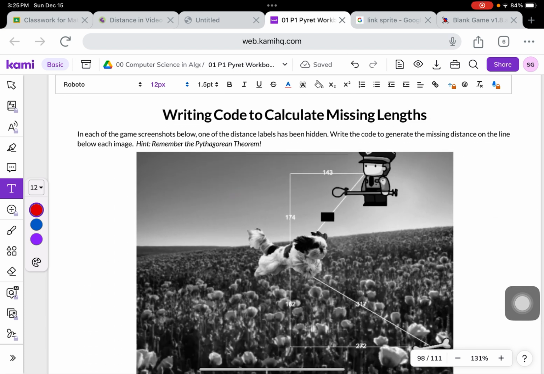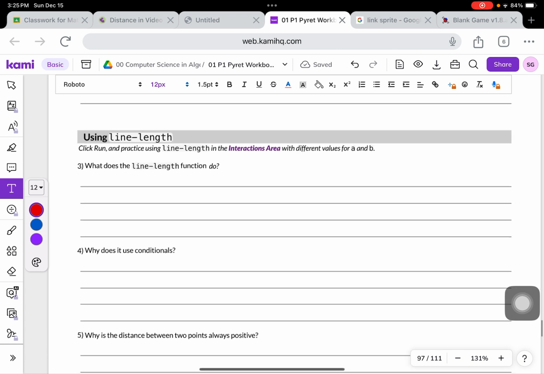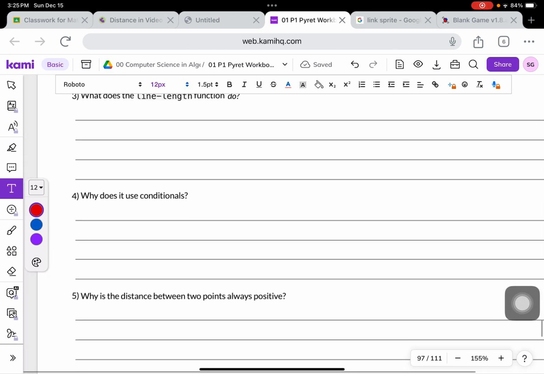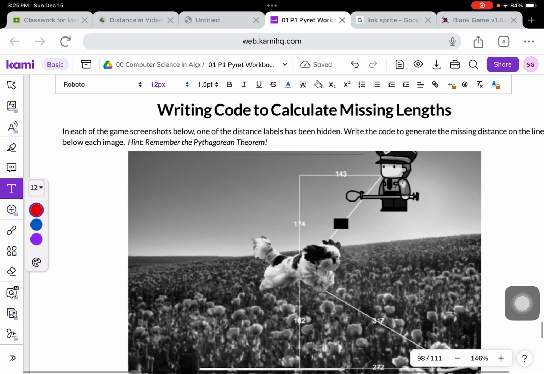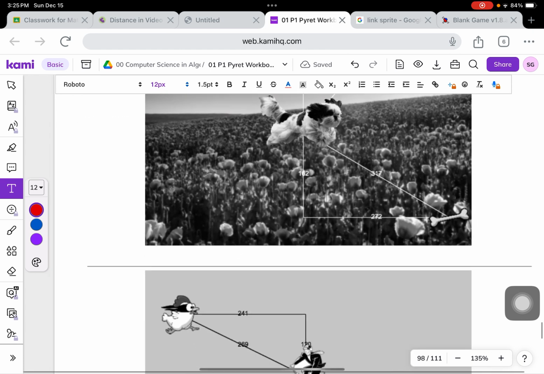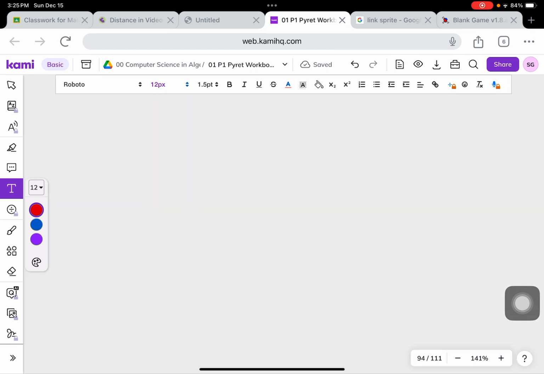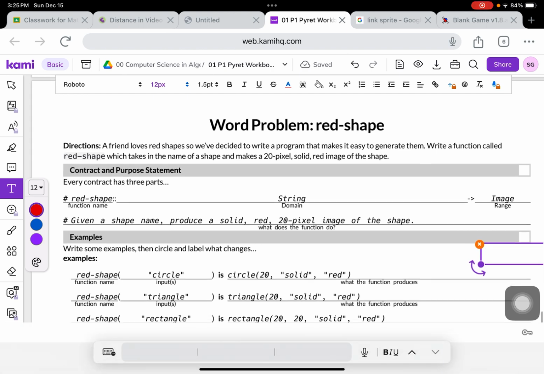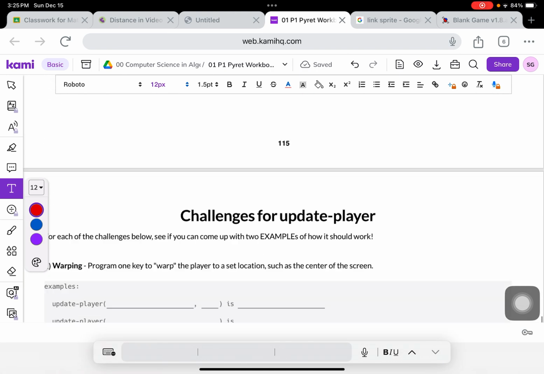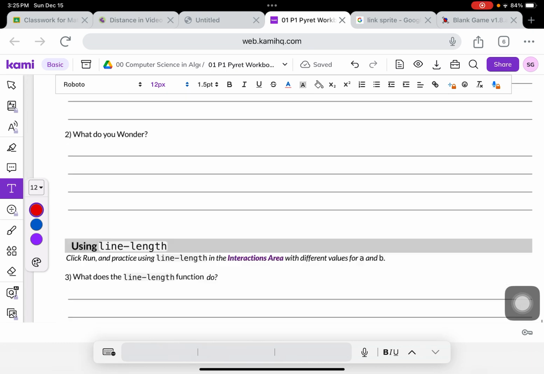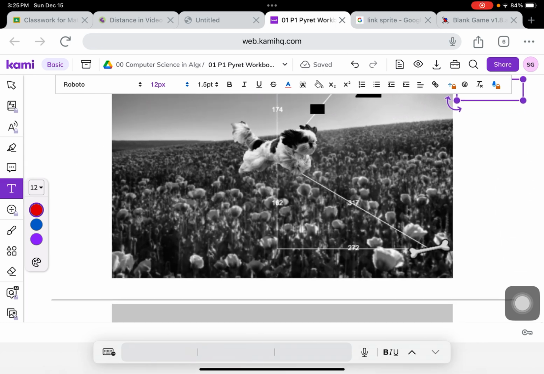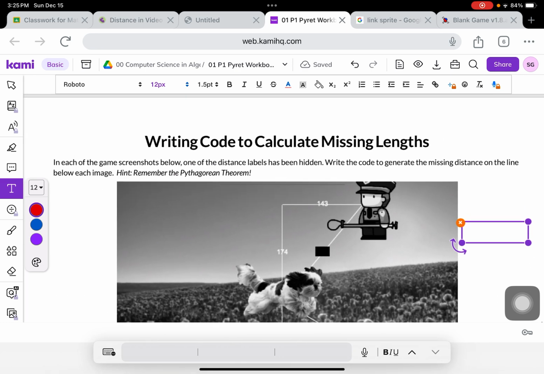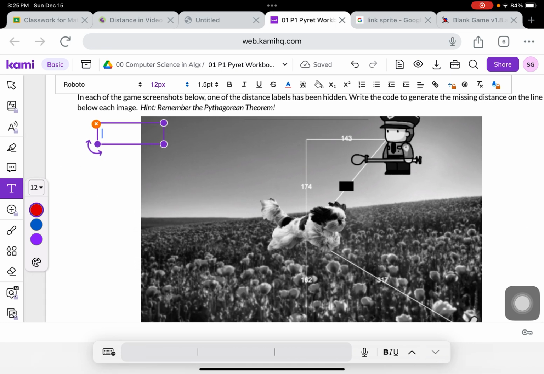All right. So to calculate missing lengths, to find the distance, and calculate distance, we use the Pythagorean theorem.